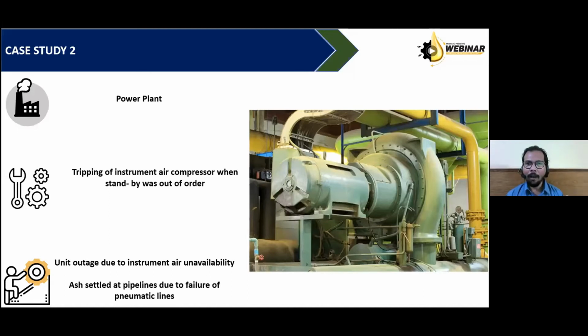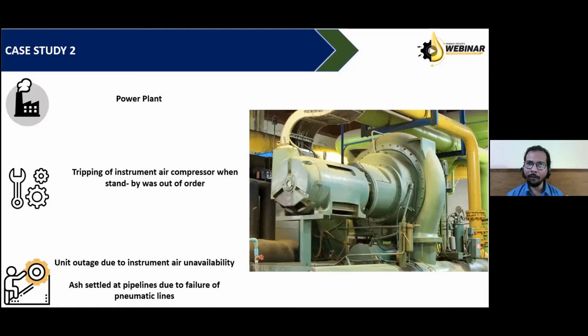The outage of one compressor can lead to shutdown of the entire unit, because no pneumatic valve is going to work. When pneumatic valves are not working, the entire control system goes out of hand.